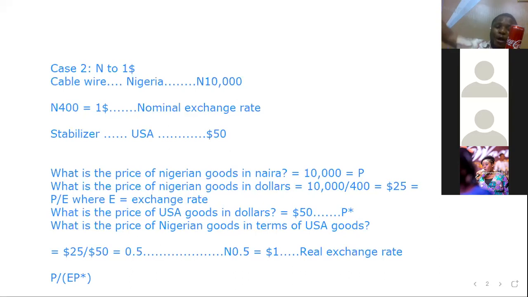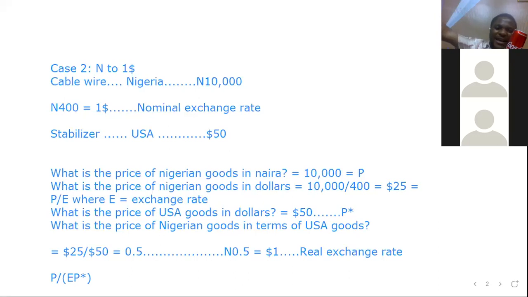One stabilizer. Because the price of this cable in Nigeria is 10,000 naira, but if I exchange this 10,000 naira, it becomes $25. But the price of stabilizer there is $50. That means I need two of this cable to get one stabilizer. That is my real exchange rate.